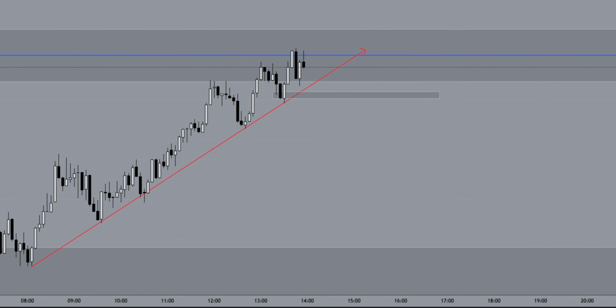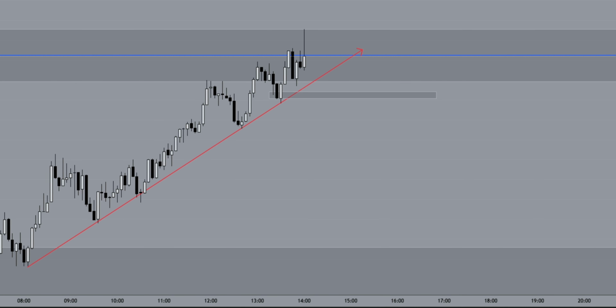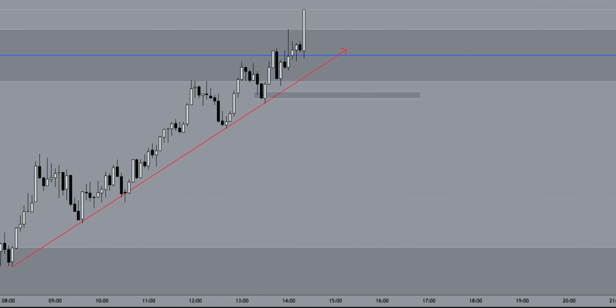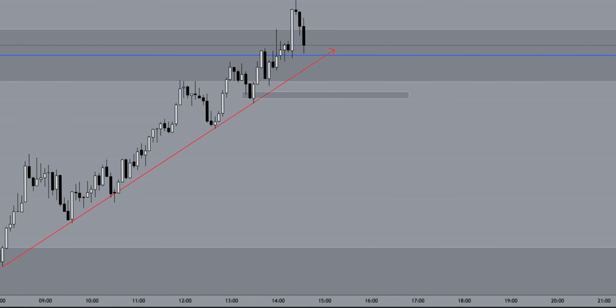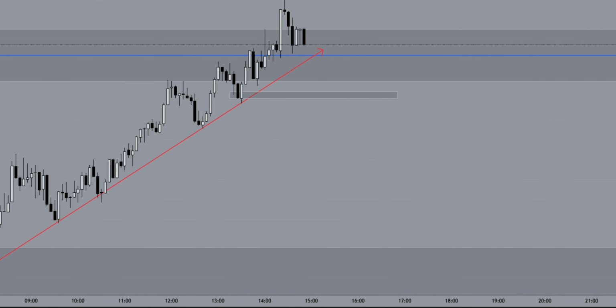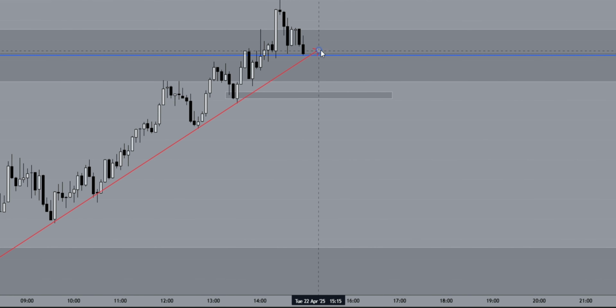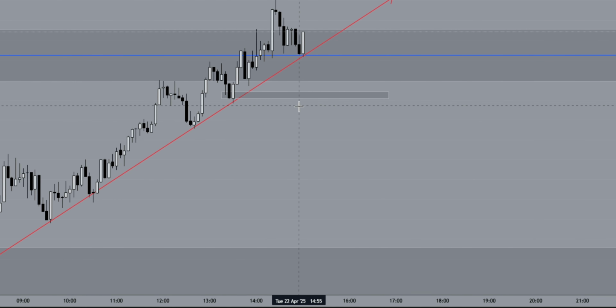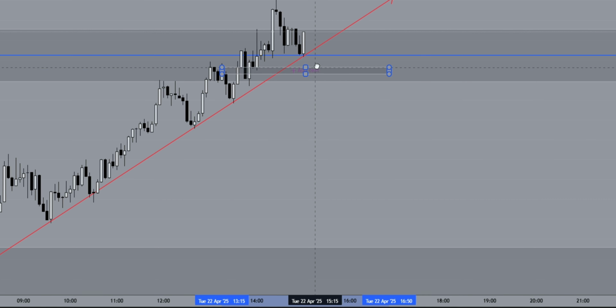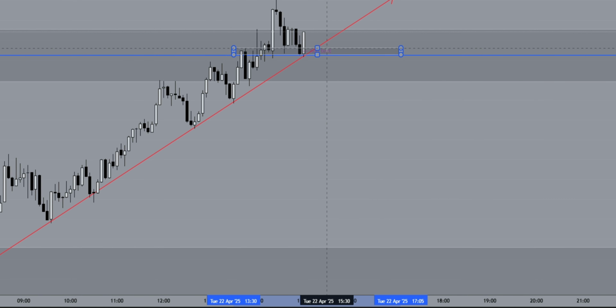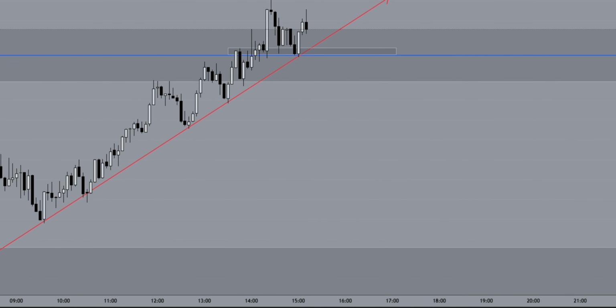So we wait, we sit on our hands for now. We just extend the trend line. We have another reaction from here, so that creates a new lower high, and we move our area here. We wait.